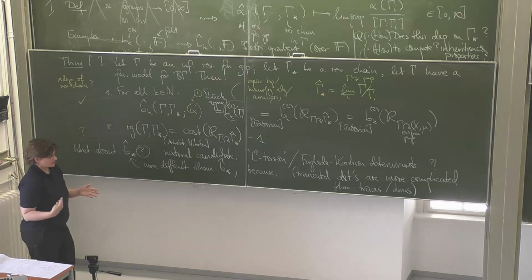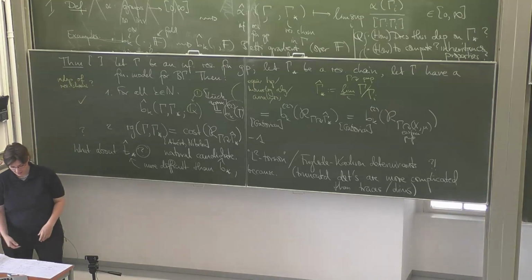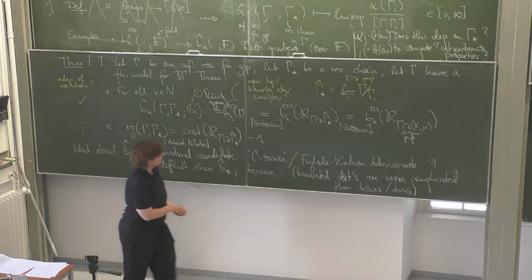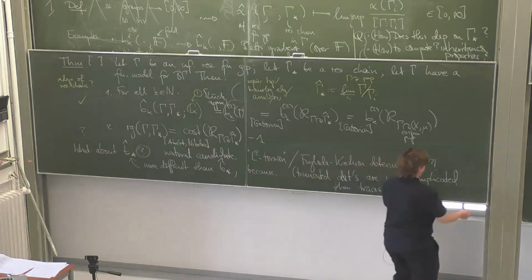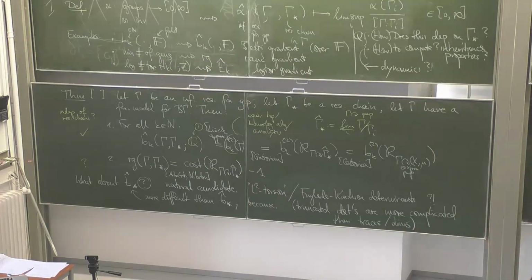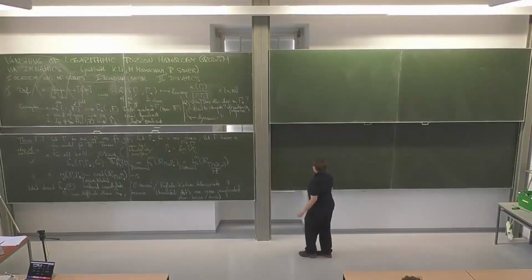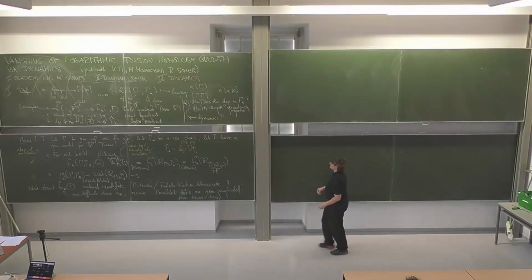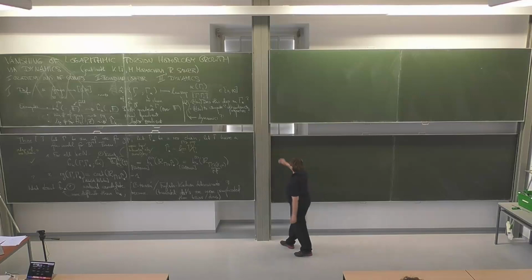And of course, the art is to find a way to bypass these difficulties and still make reasonable statements. Let me quickly say something about how, in principle, one gets bounds for the logarithmic torsion. The easiest case is to find bounds from above.